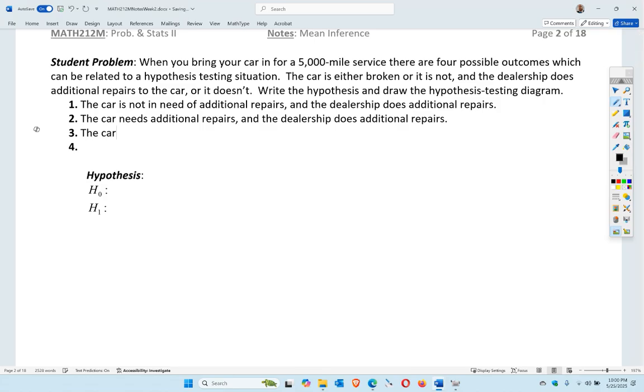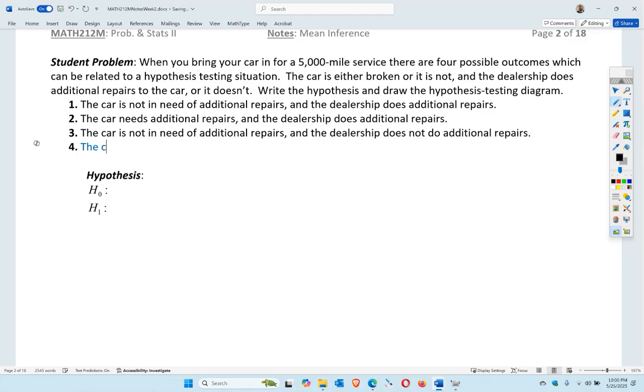And the car is not in need of additional repairs, and the dealership does not do additional repairs. So you did not reject the null hypothesis, which is that it doesn't need repairs, and you didn't do them. So that's what should happen.